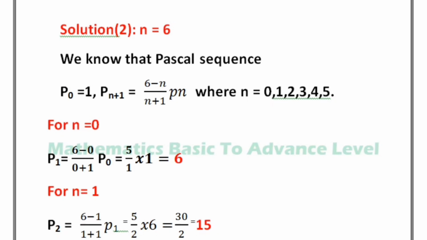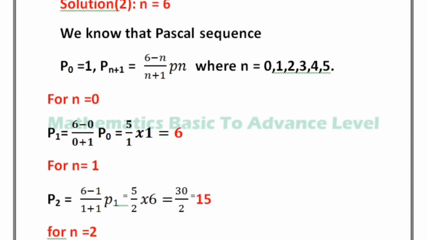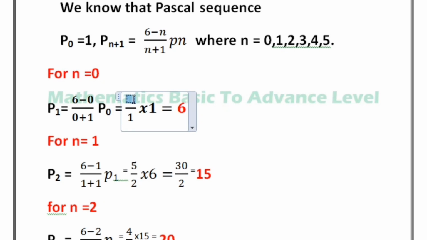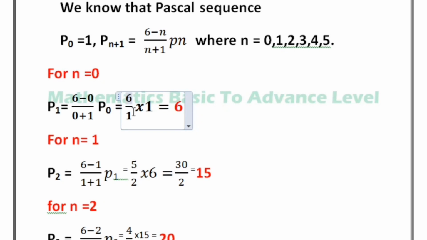First term, for n is equal to 0, p1 is equal to (6 minus 0) divided by (0 plus 1) times p naught, which is equal to 6 divided by 1. The value of p naught is equal to 1. So 6 divided by 1 multiply 1 is equal to 6.